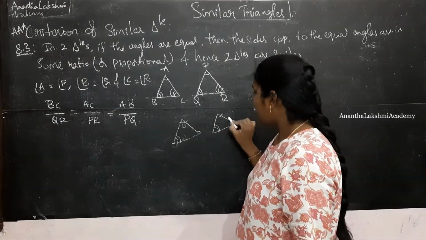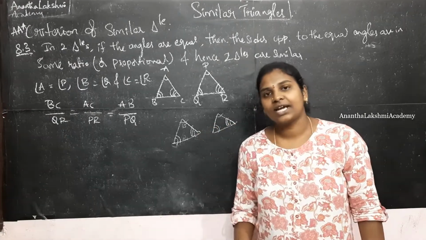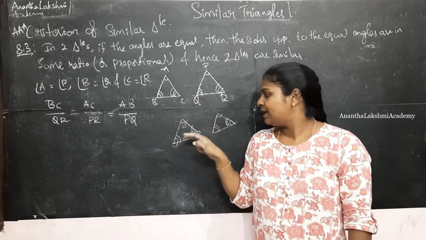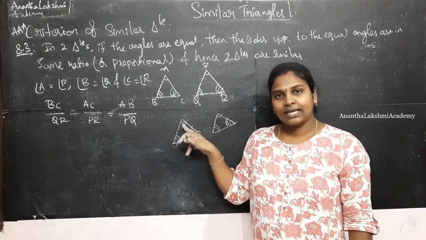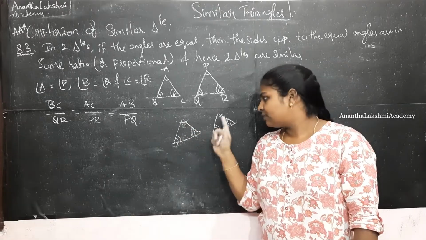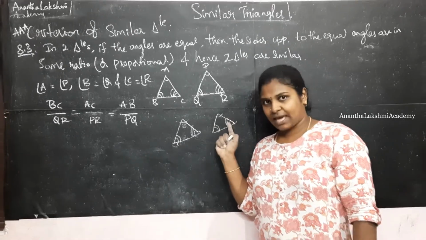Then the other angle also will definitely be equal using the angle sum property, the sum of the angles in a triangle being 180 degrees. When this is 60 and 30, the third angle is going to be the same in both.